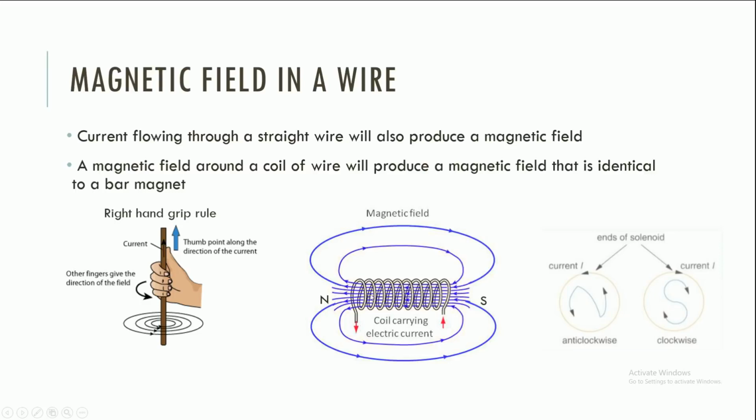But even if I didn't give you these field lines and the direction of field lines, you can actually tell which side will be the north and which side will be the south pole just by looking at the direction of current in the ends of the coils.